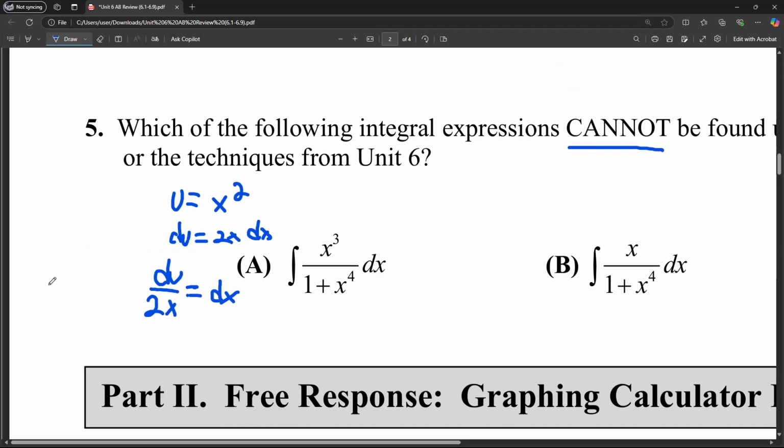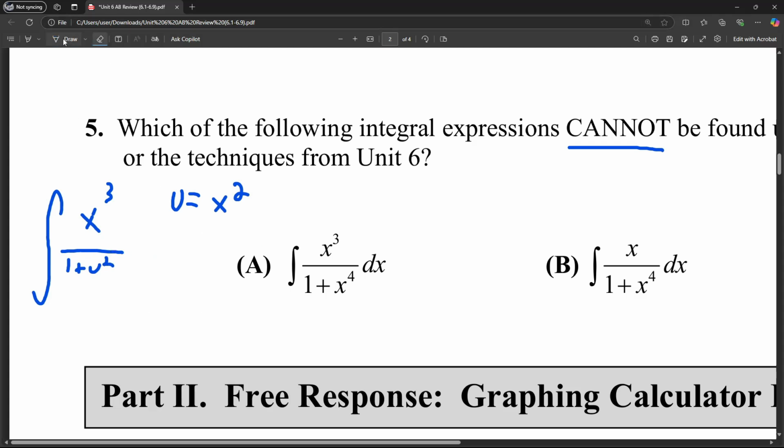and then now you gotta plug that back in. So I'm just gonna write it to the side over here. So we have x cubed over 1 plus u squared, and then that's times du over 2x, and then let's see.